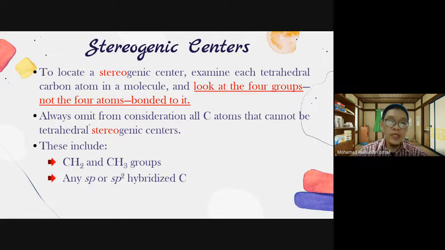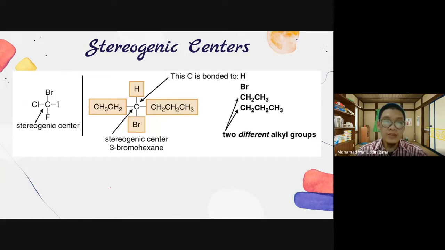Always omit from consideration all carbon atoms that cannot be tetrahedral stereogenic centers. This includes CH2 and CH3 groups. This cannot be a stereogenic center because it will be CH2 only, and this CH3 is CH3 only, so it cannot be a center. Right, so first, this is a stereogenic center because it has four different atoms attached to it.